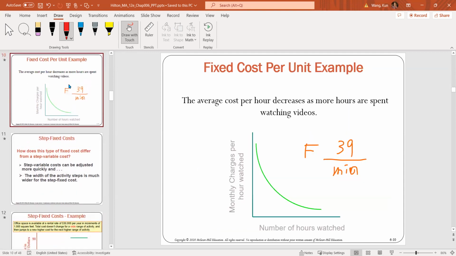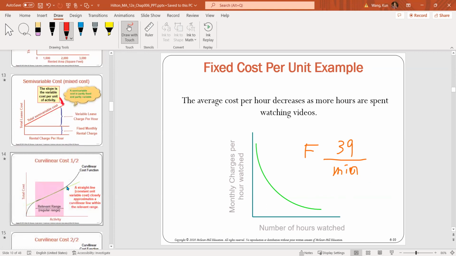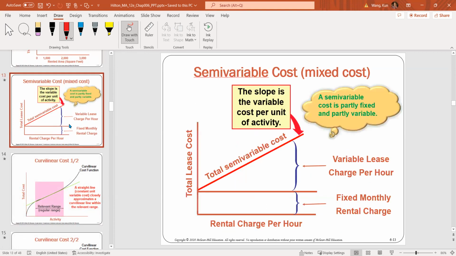And the variable, this is the per unit, as we just mentioned. So I'm jumping to this.